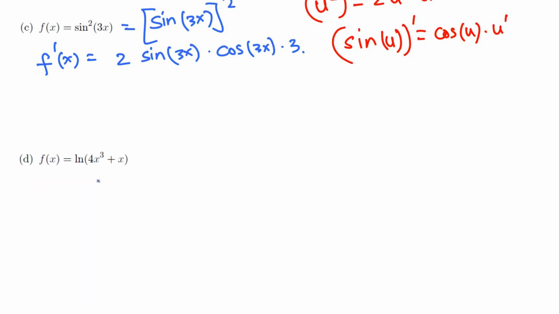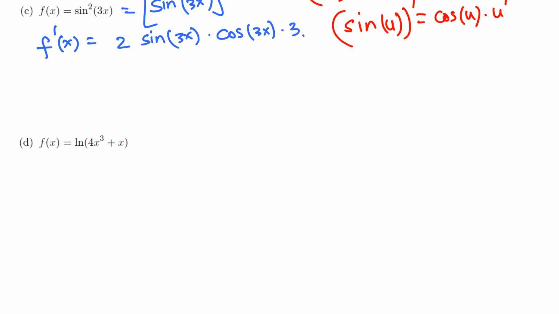Next, natural log of something, and whenever we have natural log of, let's say, u, its derivative is 1 over u times u prime from the chain rule. So this is like u.